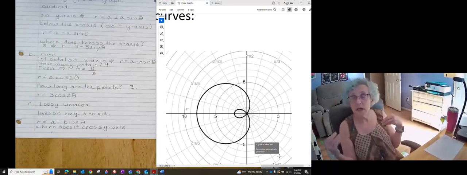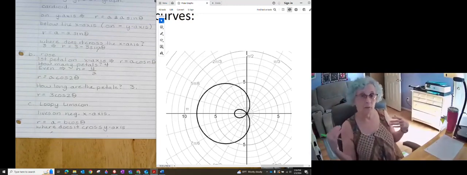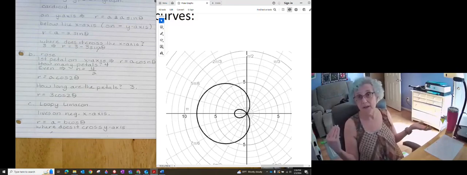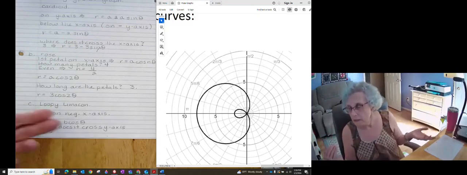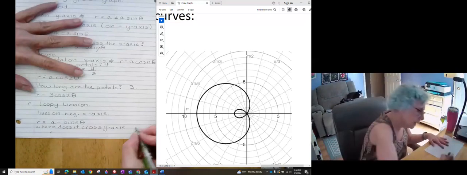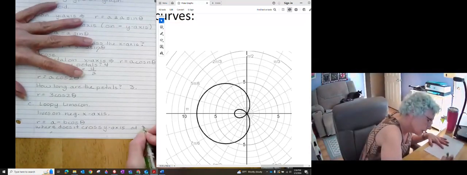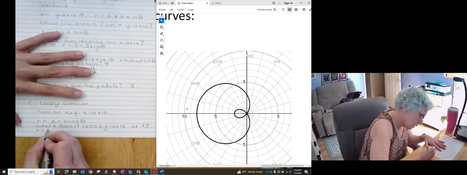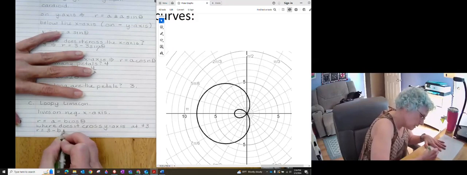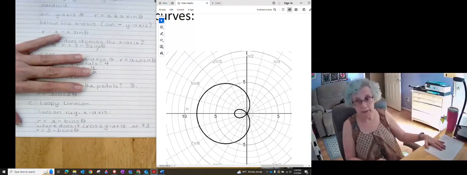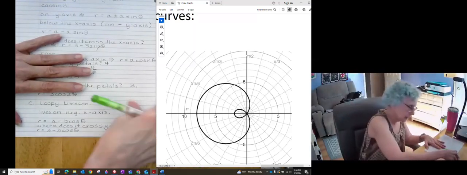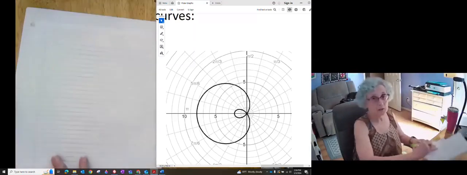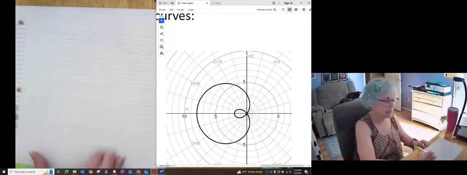That's when cosine is equal to 0, and when cosine is equal to 0, that gives me my a. So it crosses the y-axis at plus or minus 3, so I know r is equal to 3 minus b cosine theta. I know at pi, cosine is equal to negative 1.